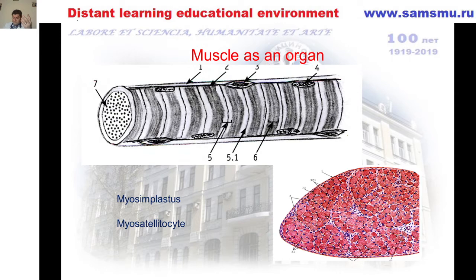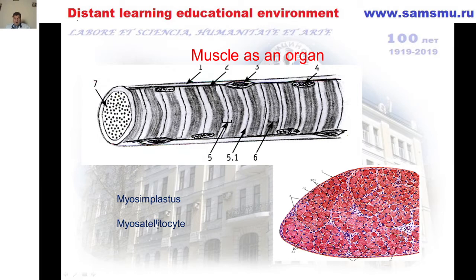Next, gender: thicker in men. Age: after birth they thicken 10 times. Next, human nutrition, functional load, hypertrophy or atrophy. Muscle fiber is a complex formation which consists of two main components, myosymplast and myosatellitocyte.